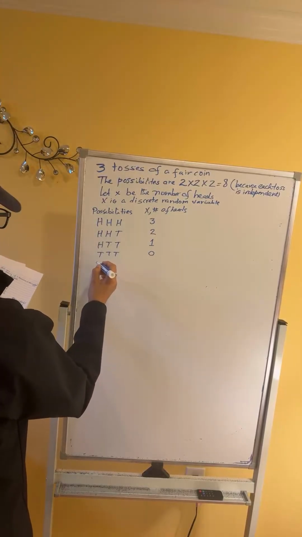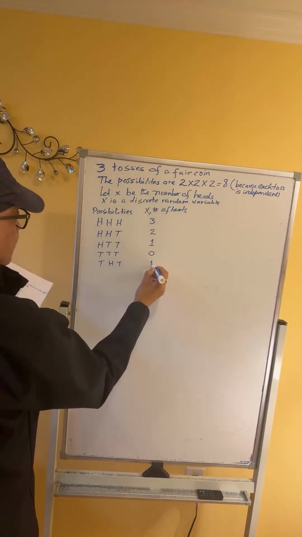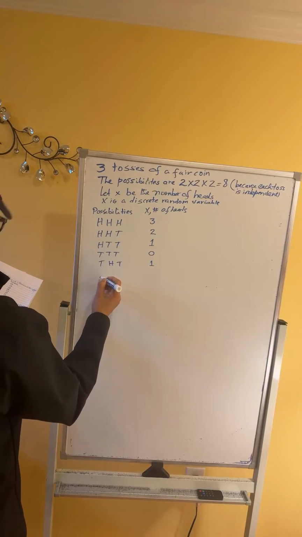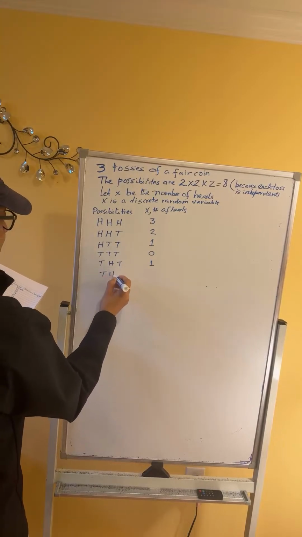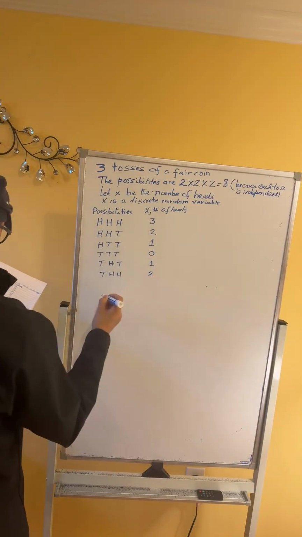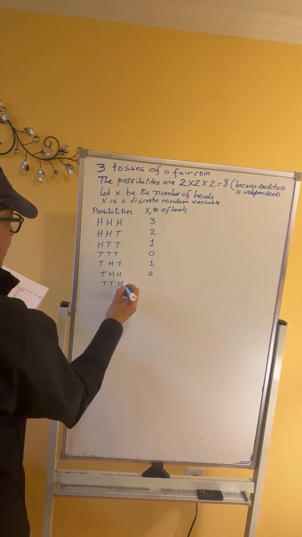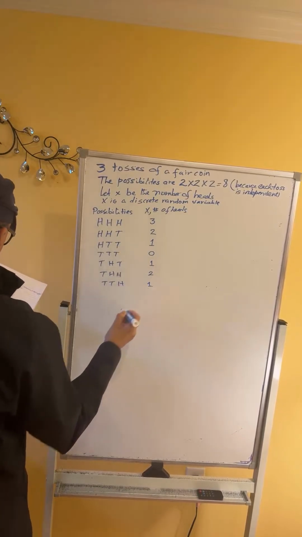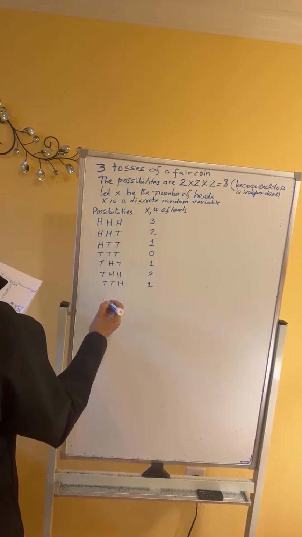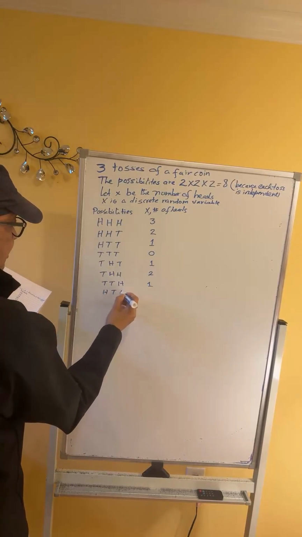Or it could be tail, head, tail. Number of heads is 1. Or it could be tail, head, head. The number of heads is 2. Or it could be tail, tail and head. Number of heads is 1. And it could be first head, then tail, then head.